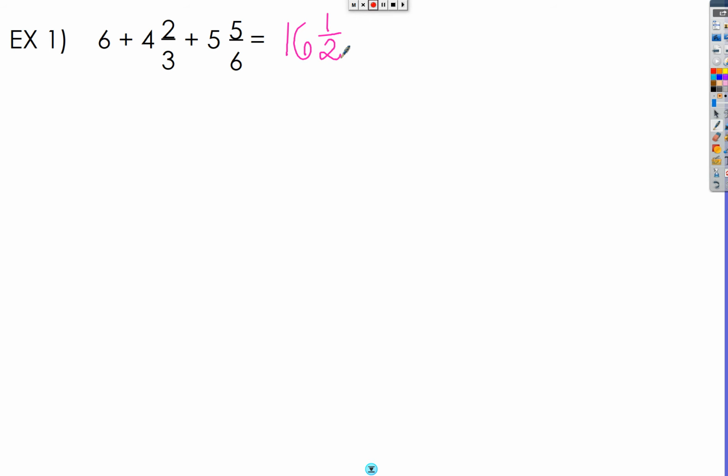The first thing I'm going to do is notice that everything's already in mixed numbers, and so this is an easy one for us. We're going to keep everything as fractions. First, I'm going to decompose my mixed numbers here. This one will be 4 and 2/3. And then this one here would be 5 and 5/6.